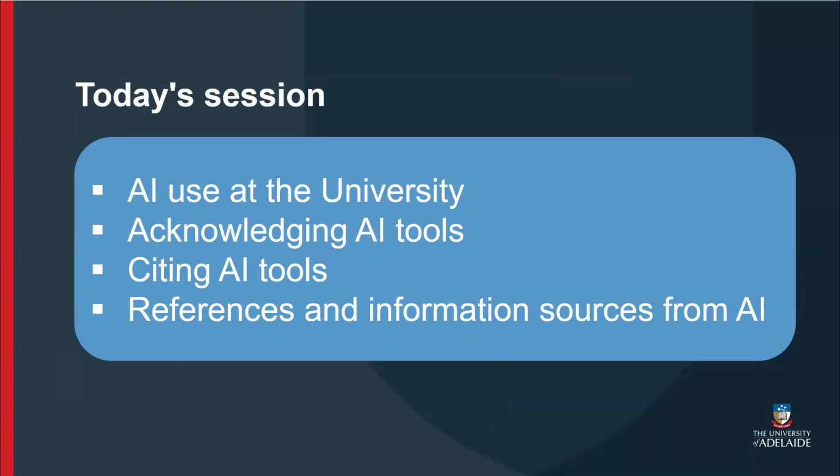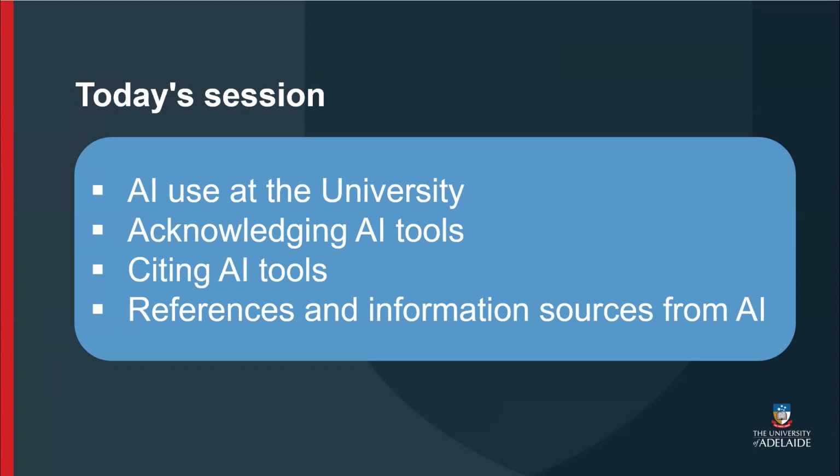So just a brief overview of today's session. It will be kind of a brief session, and we're just going to cover broadly citing and acknowledging AI in your studies. So first we'll cover a little bit about AI use at the university broadly, and it's basically to give you that basic foundation of knowledge to help you cite and acknowledge AI appropriately.